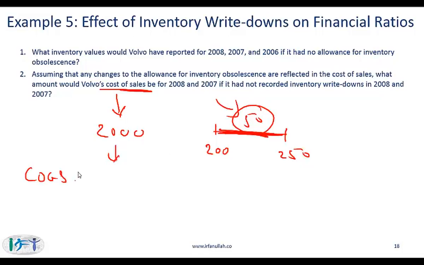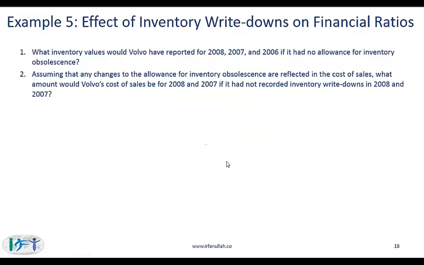Would it be higher or lower? It would actually be lower. It would be 2000 minus 50. So that's all you really need to do. When you are looking at the income statement number, you start with the reported number and then subtract the change in valuation allowance.